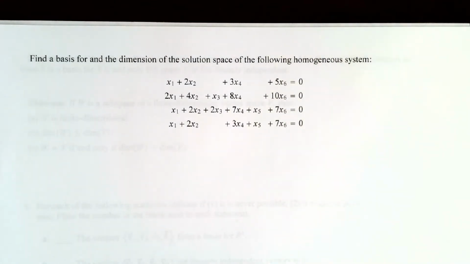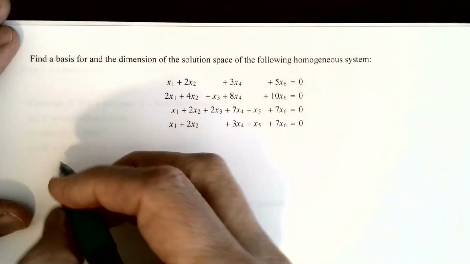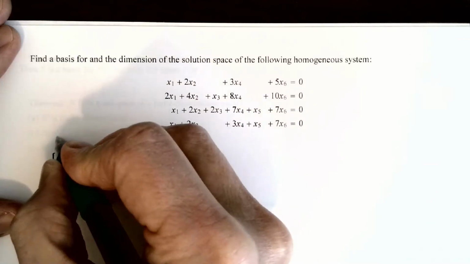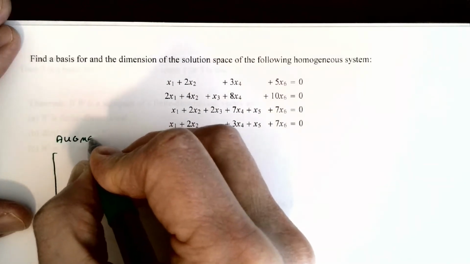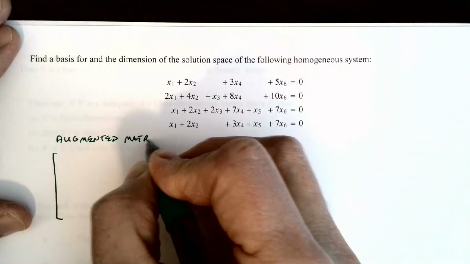How do we solve a system of linear equations? Now notice we have 4 equations and 6 unknowns, so this is not a square system. So I can't use any relationships about invertible matrices and so on. But I have my good old way to do it, and that is what? Form my augmented matrix and do Gaussian elimination to put it in a row echelon form.